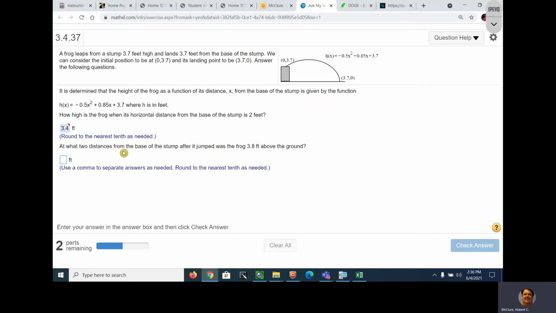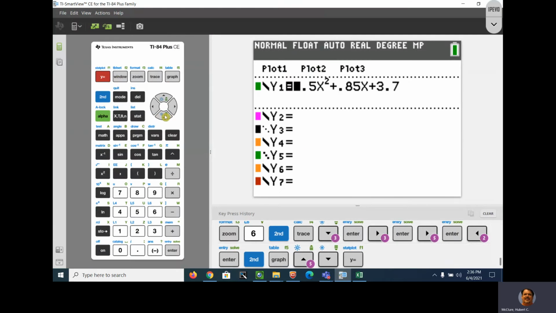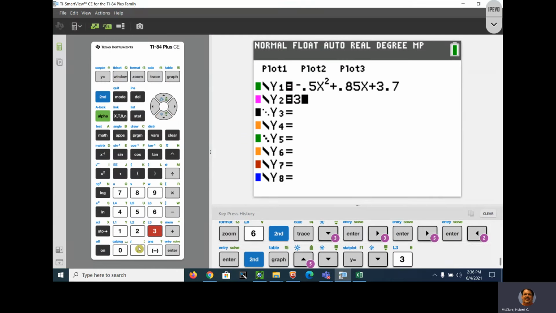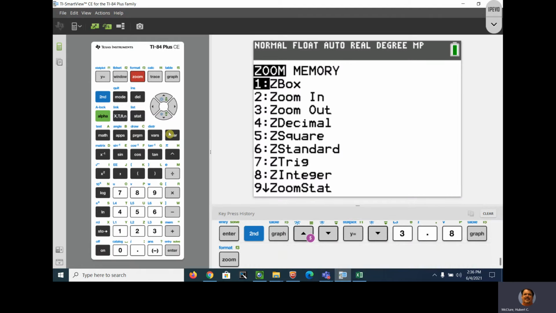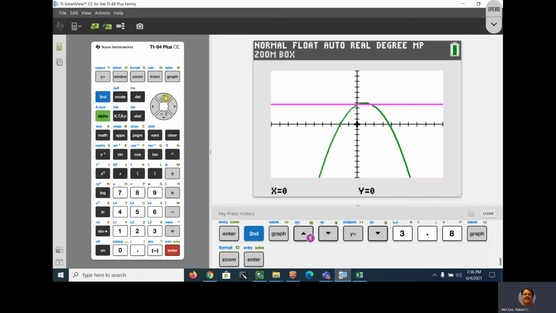At what two distances is y equal to 3.8? So you go in here and you put in your calculator y is equal to 3.8. And graph. And you're going to have to blow this section up right here because you got to look at it. It's a zoom box. I do a zoom box, but you can do what you want.